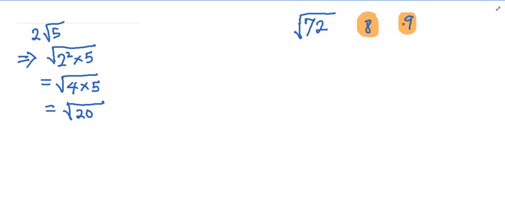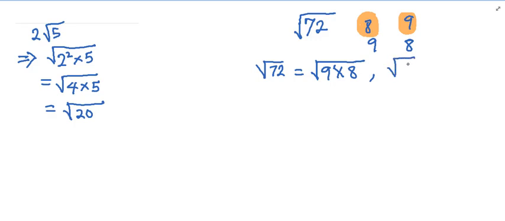So I think I'm okay with 8 and 9 because 9 is a perfect square. So I think I want to use it in this one. Let me just interchange them, 9 and 8. So sod 72 is equal to sod 9 times 8, or separately. But please don't solve with both methods.